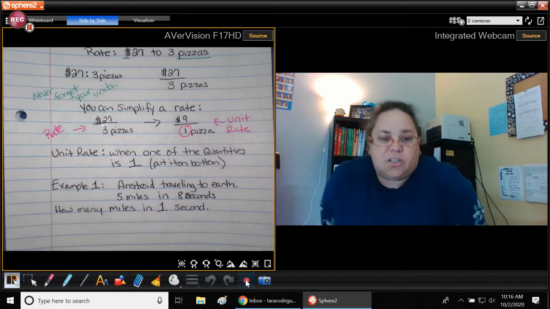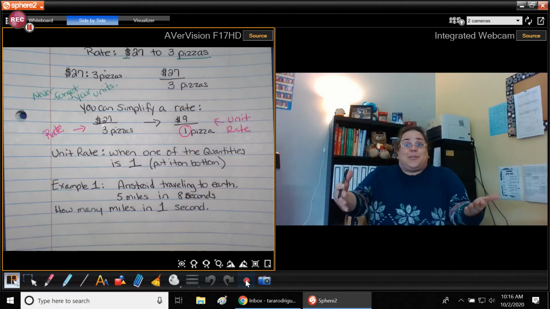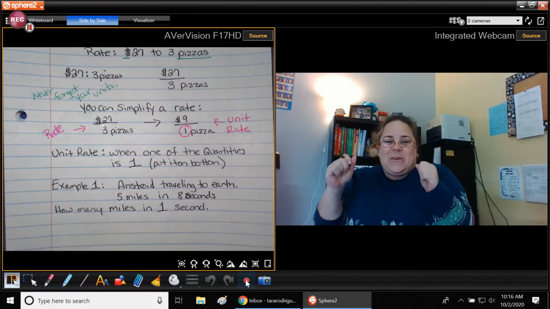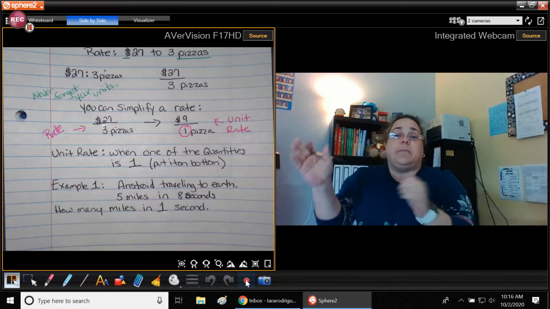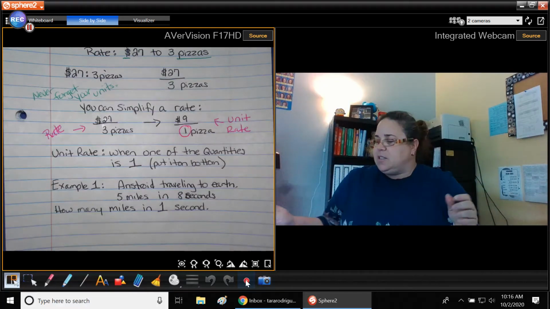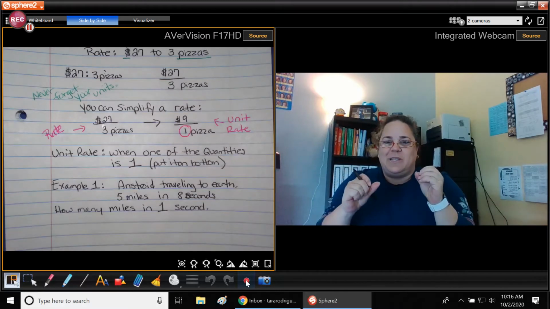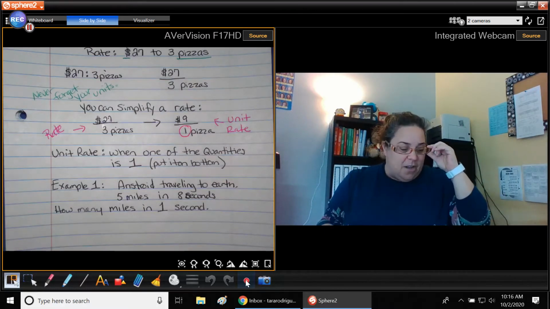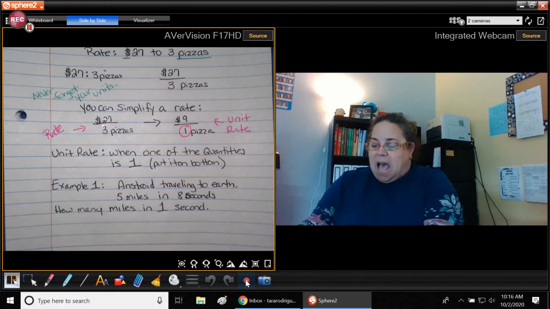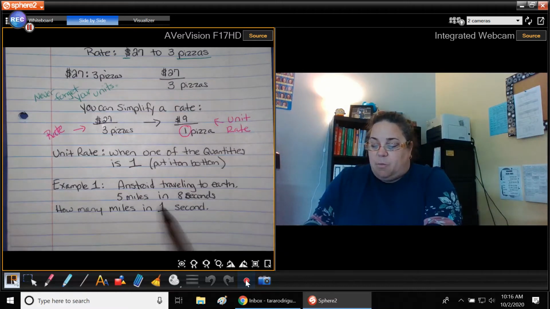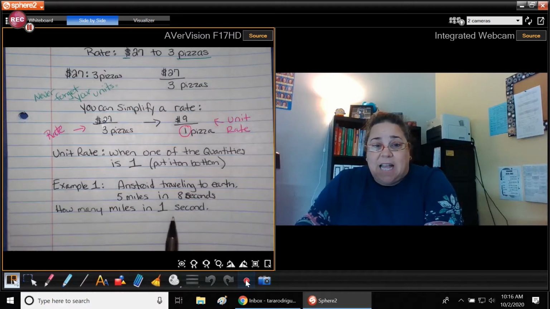Okay. So first of all, I'm going to use a rate table. Woohoo! Ratio table, rate table, same thing. Okay? So we learned that the other day. Now we're using it for something else. I love it when we use something from something else. I have already said that we're trying to find out how many miles in 1 second.